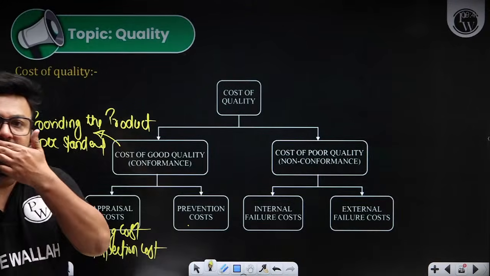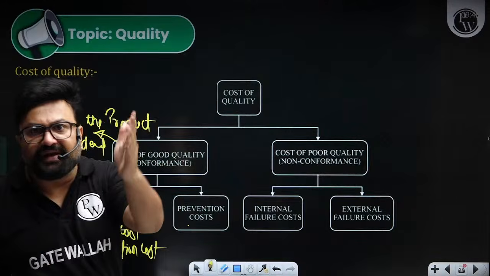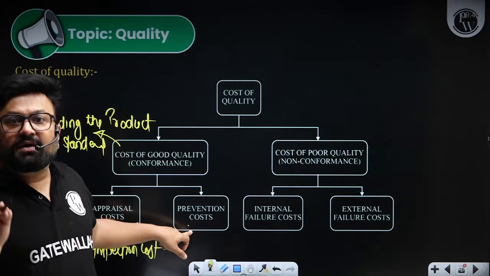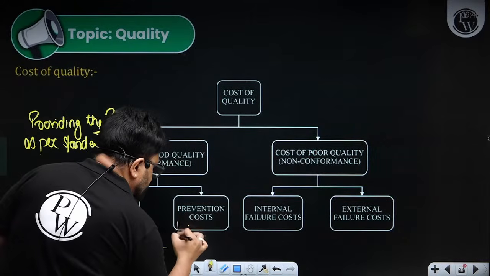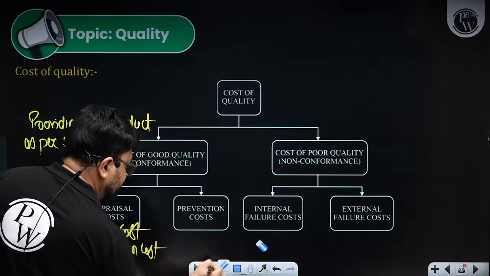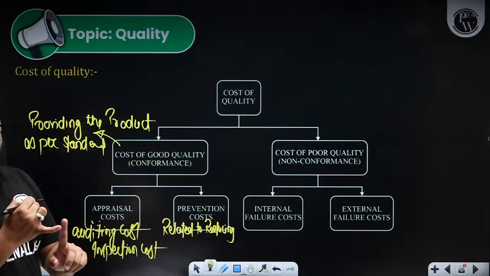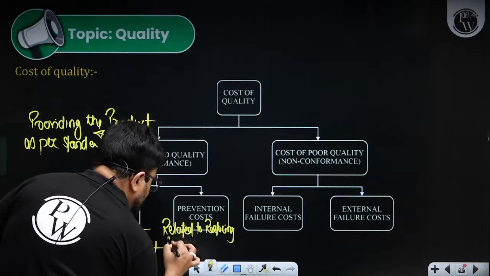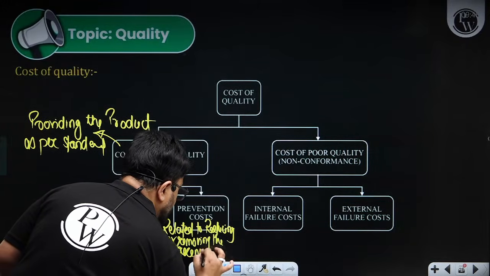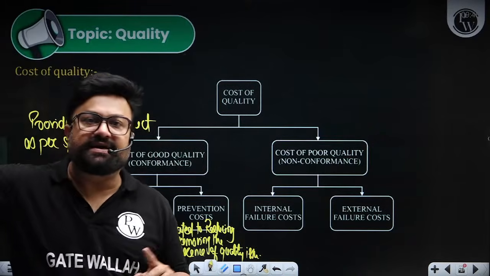Now prevention cost. What is the prevention cost here? Prevention cost is basically any cost related to reducing or removing the presence of quality issue from the outset.